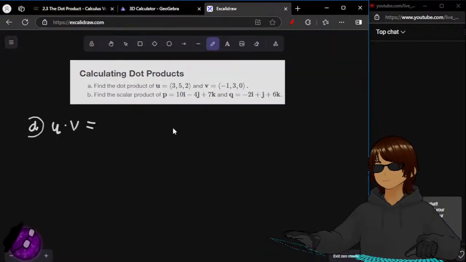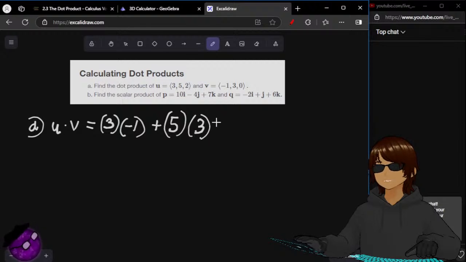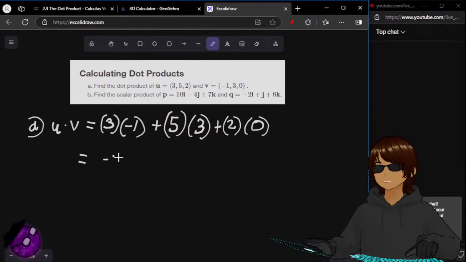Okay. u1 v1, so it's 3 times 1, plus 5 times minus 3, plus 2 times 0. We get 3 minus 15, which gives minus 12.